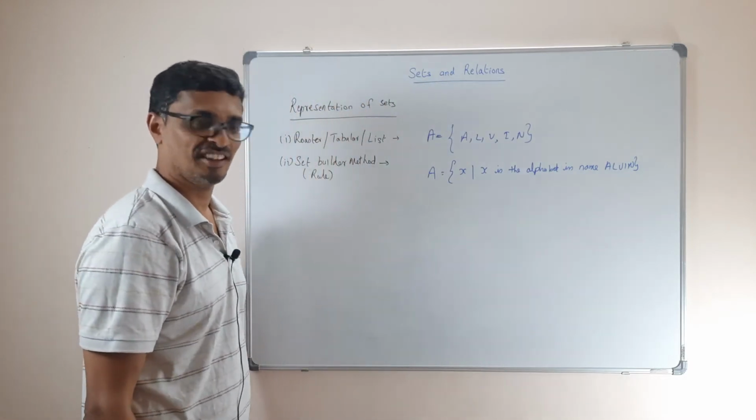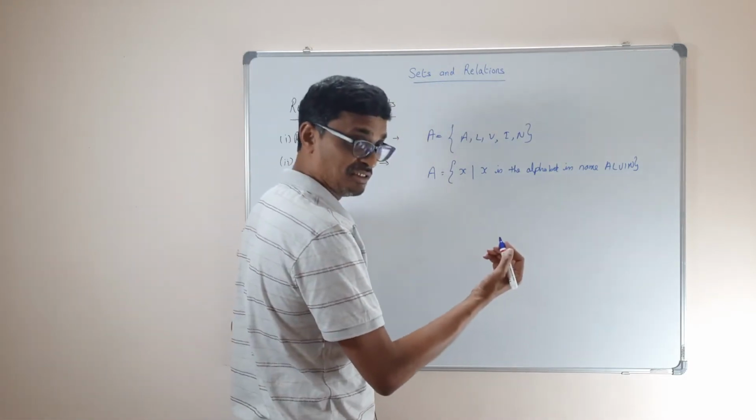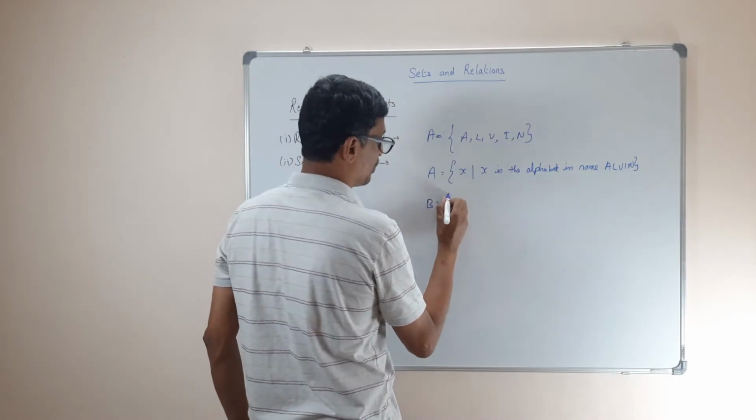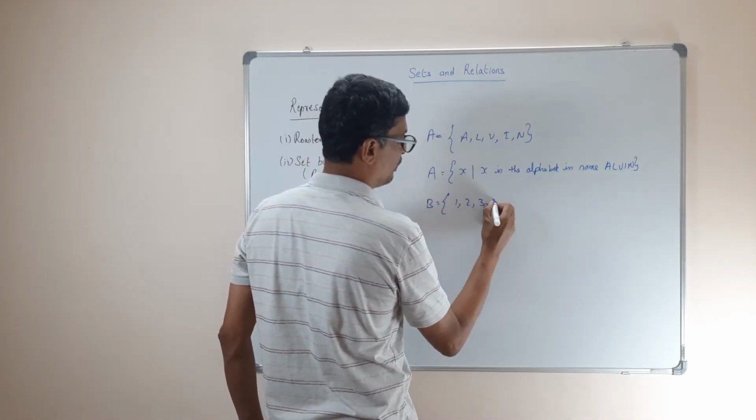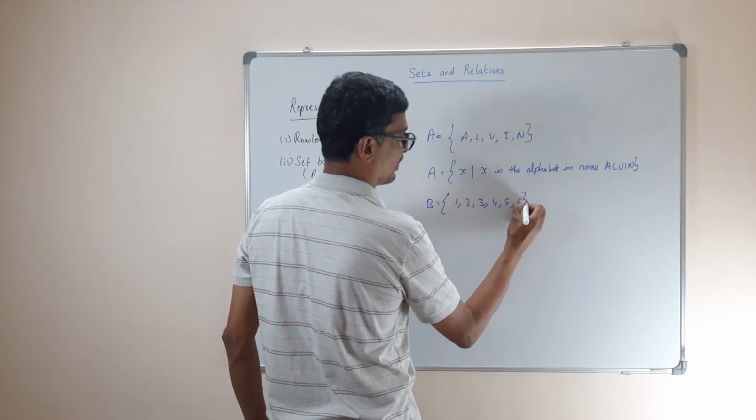You got it? Die. What was B? We had 1, 2, 3, 4, 5, 6.